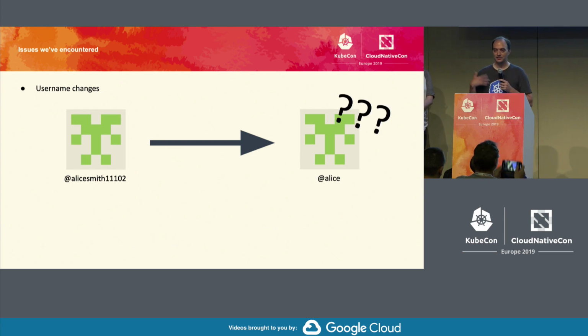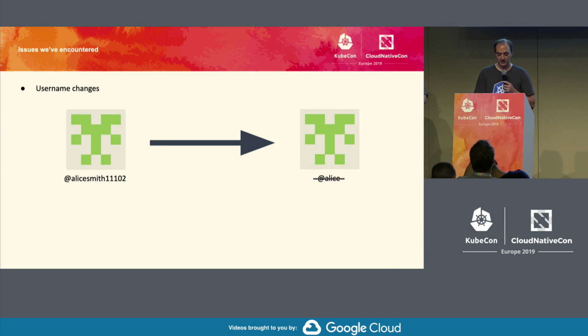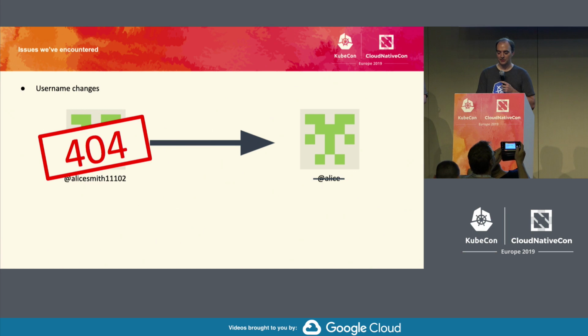Since the system's pretty dumb, and we still declared that Alice Smith is supposed to be in the org, and we don't know who this weird Alice user is, we first remove them. Then we see that Alice Smith is now gone from the org, so we attempt to add her back, but that user no longer exists, and so Peribolos fails and blows up, and whatever other actions it might take, then it finishes.